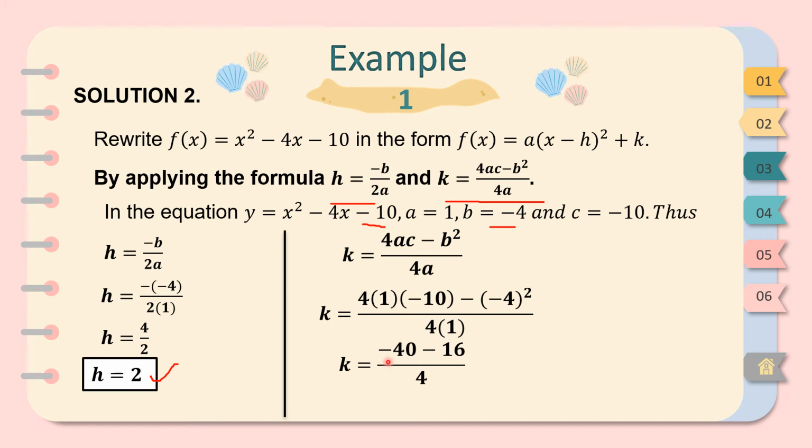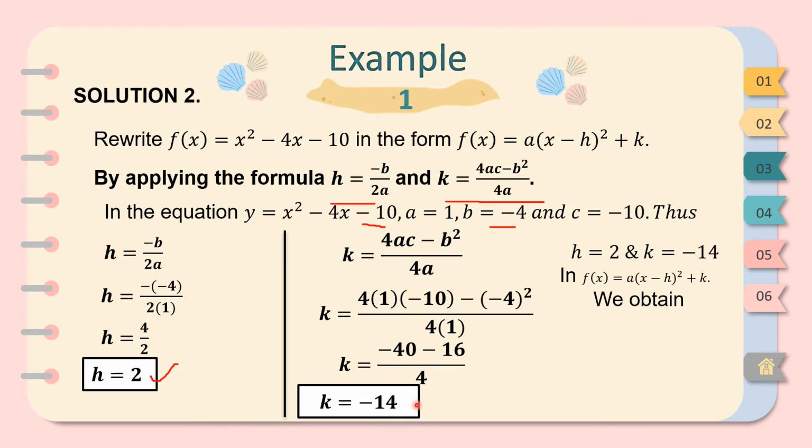So, therefore, like sign or same sign, add and then attach the sign. Negative 40, negative 16, that is equal to negative 56. Negative 56 divided by 4, your k value now is equal to negative 14.